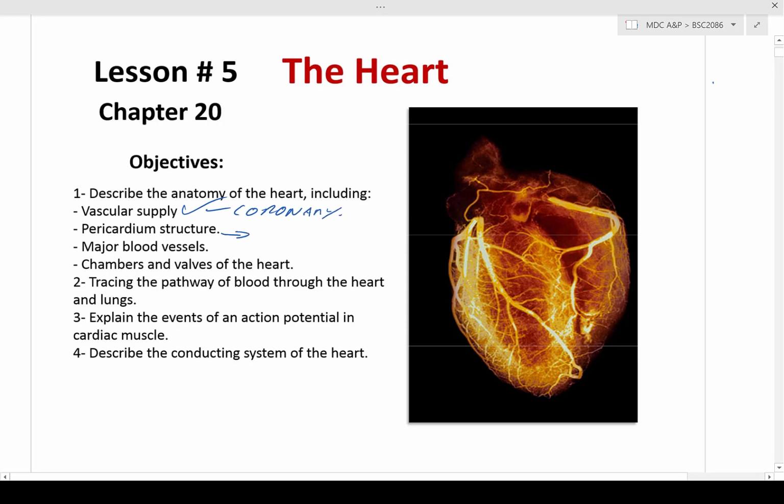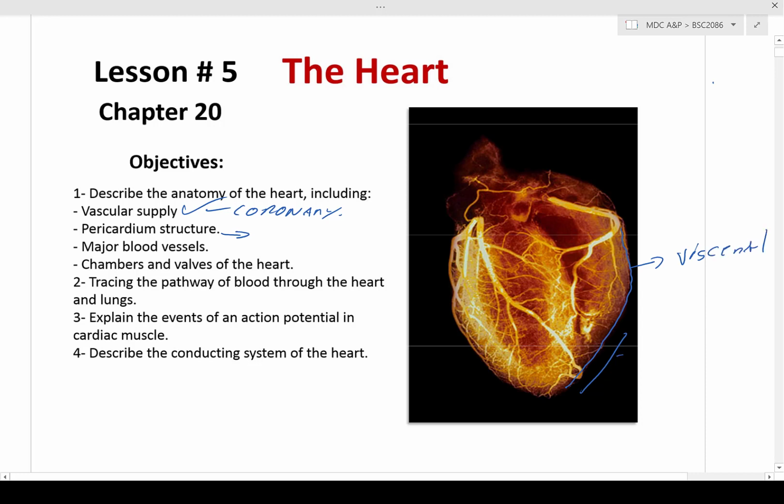What is the pericardium? Peri means what? Around. So the heart has layers protecting the heart itself. So there are 2 types of layers around the heart. One that covers lightly on the surface of the heart, we call this the... you should know this from 2085, guys. You remember what that was? You have the visceral.